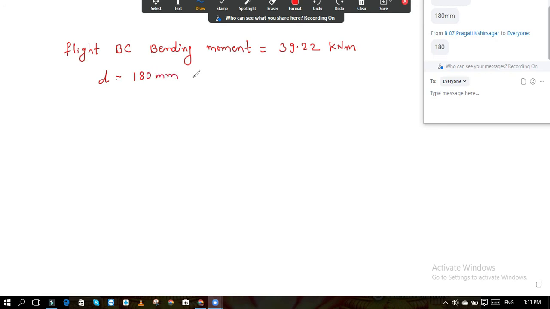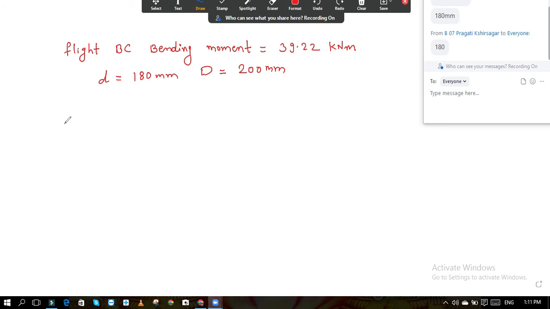And what was the overall depth, capital D? It is 200 mm. Right, 15 mm clear cover and half of bar diameter, 10 by 2 is 5, so it will be 200 mm.